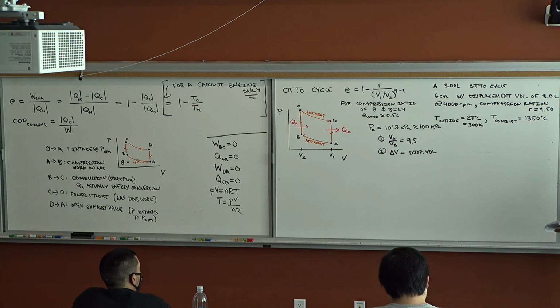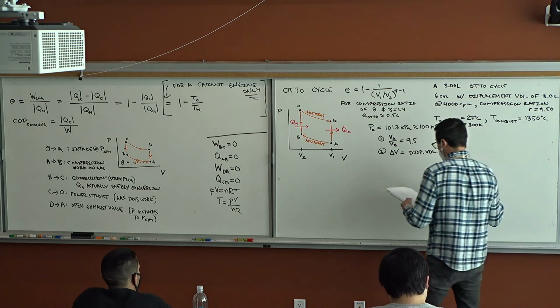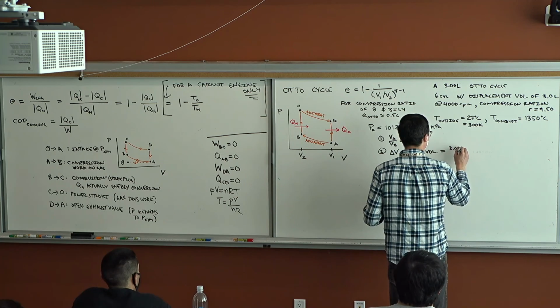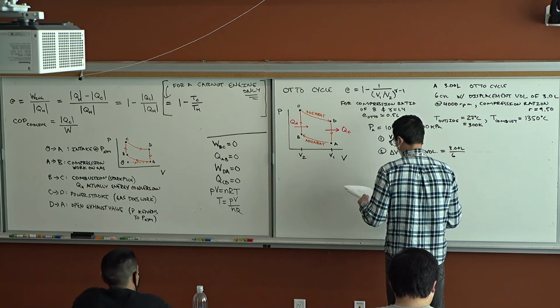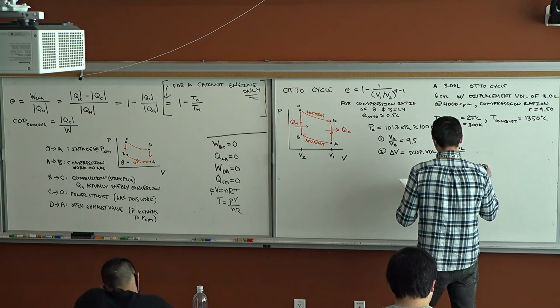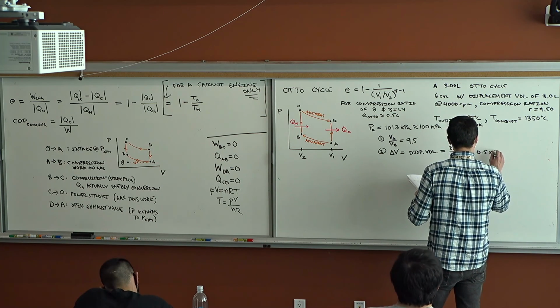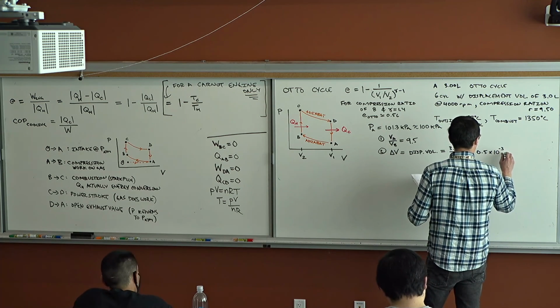And so we have 3 liters over 6 cylinders winds up being 0.5 times 10 to the minus 3 meters cubed per cylinder.